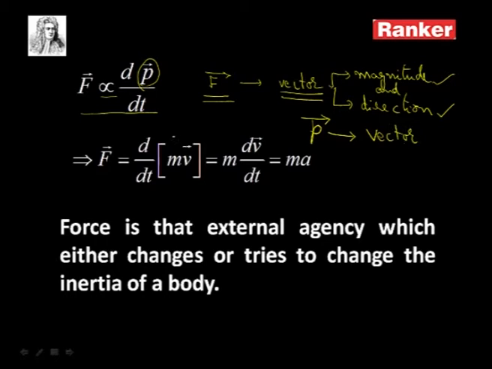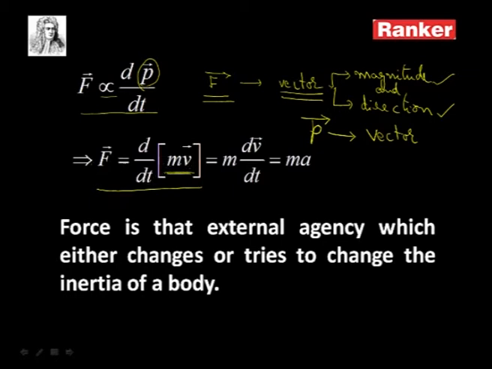So, according to the second law of Newton, F bar is directly proportional to dP bar by dt. Otherwise we can rewrite it like this: F bar is equal to d by dt of mv. Observe this equation carefully. M into v bar is what we call the linear momentum of the body.